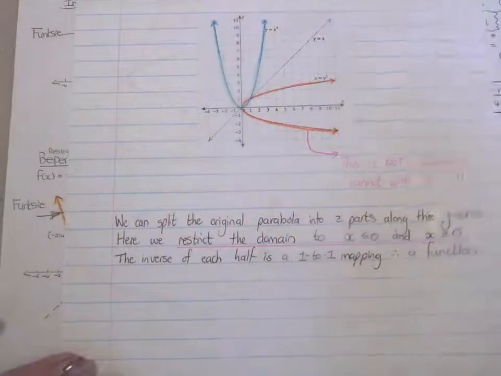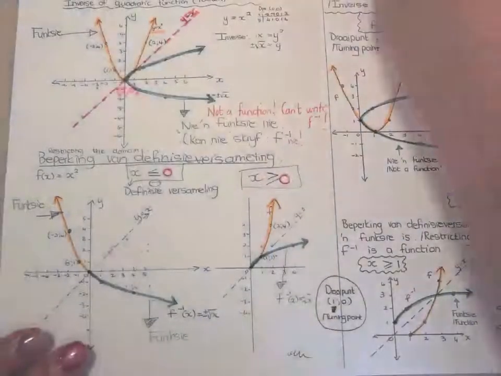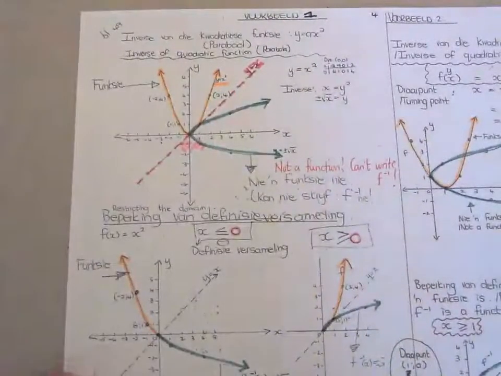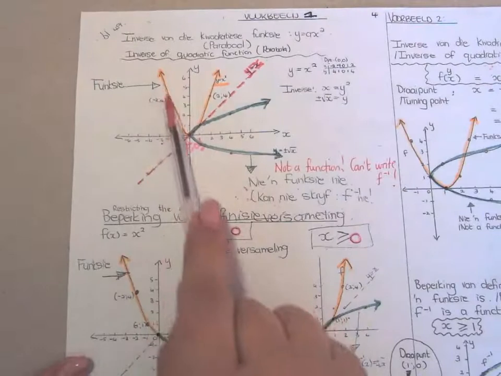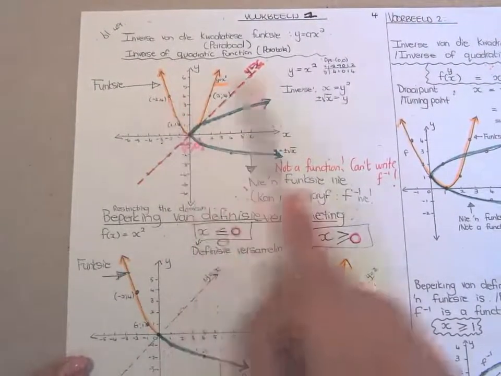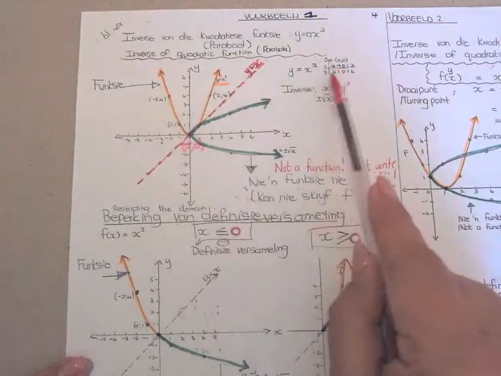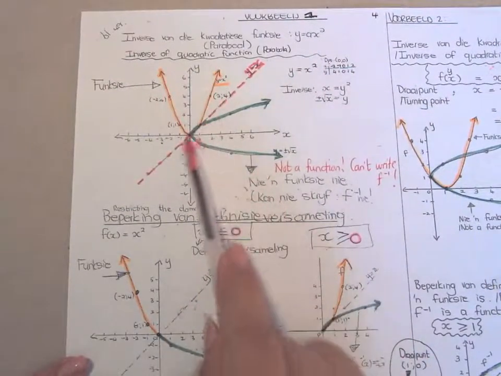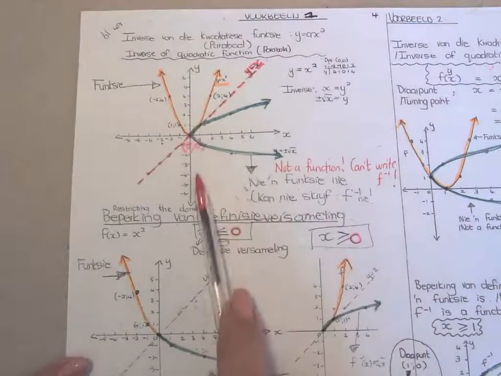Okay, let's look at an example. We're going to do example 1 of your notes on page 4. Again, we have y equals x squared, and we draw a table to get a perfect parabola plotted on our x and y axes.